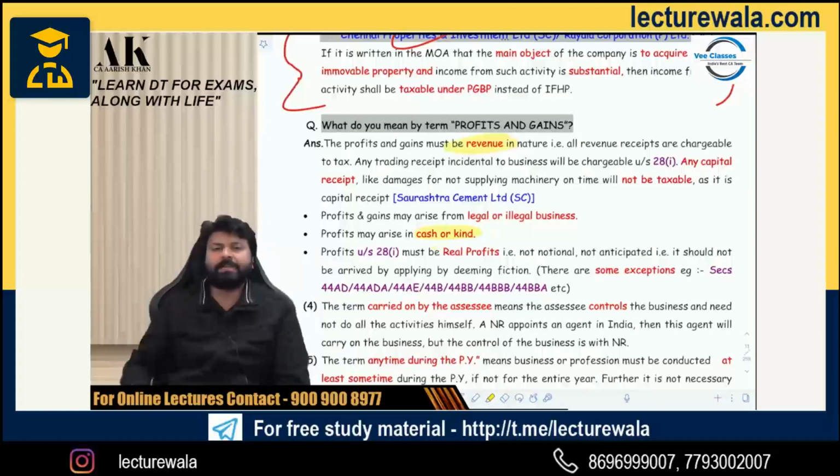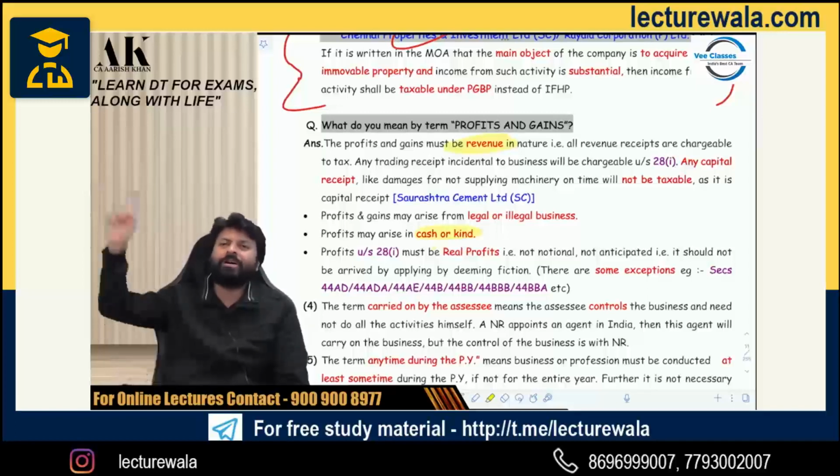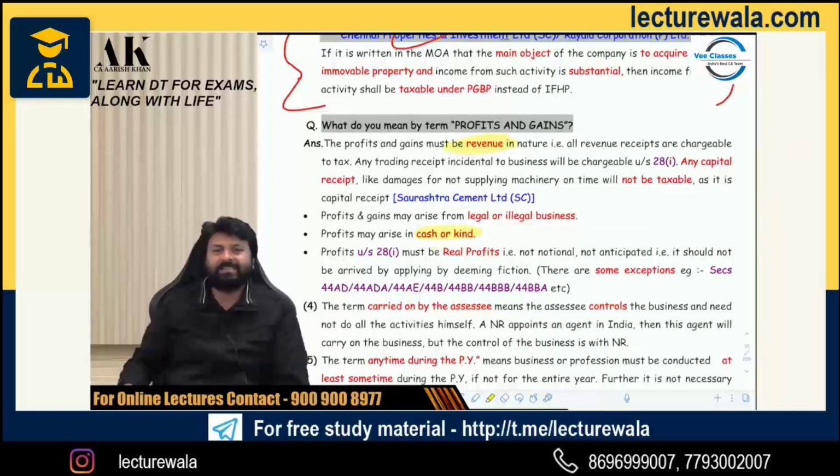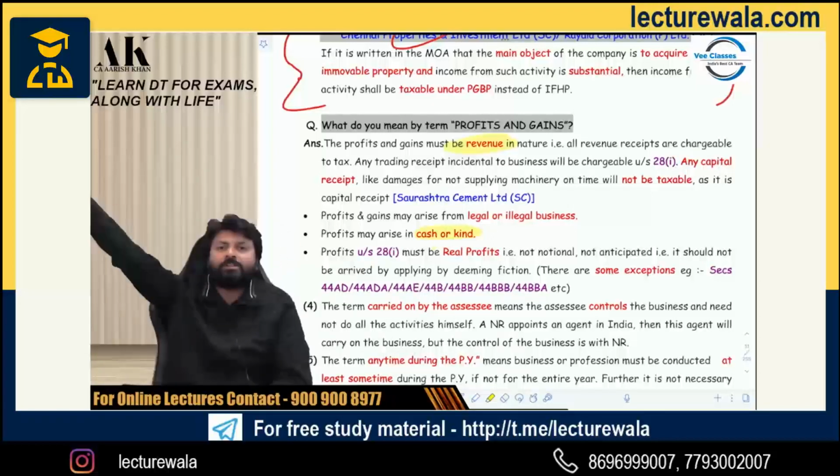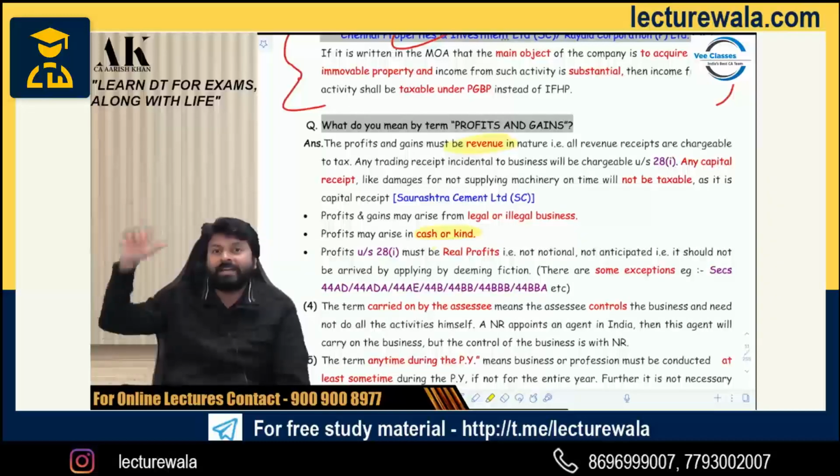But sir, in practical life we take 8% of the turnover as profit, or 6% of the turnover as profit, or 50% of the gross receipt as profit. Yes, you have done that. But that is not real, that is notional. Those are overriding sections, covered in 44AD, 44ADA. Those override all the provisions of PGBP. Those are notwithstanding sections.